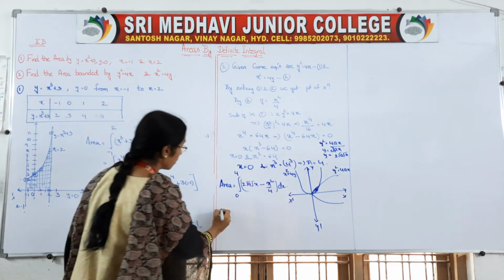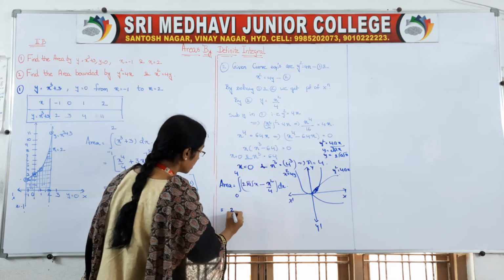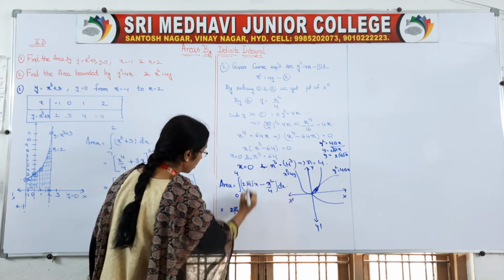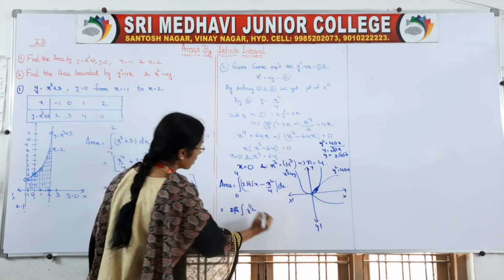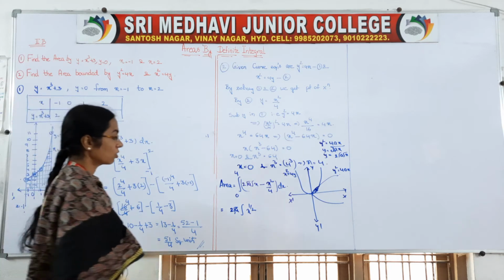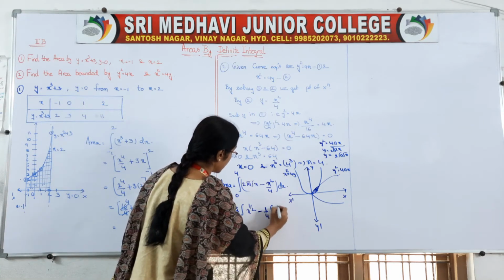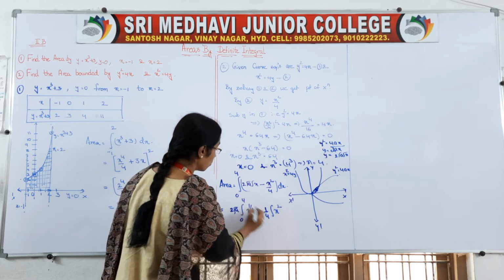Now take the separate integrals for this. 2 root a times root x, which we can write as x to the power of 1 by 2, minus 1 by 4 times the integral of x square, from 0 to 4.